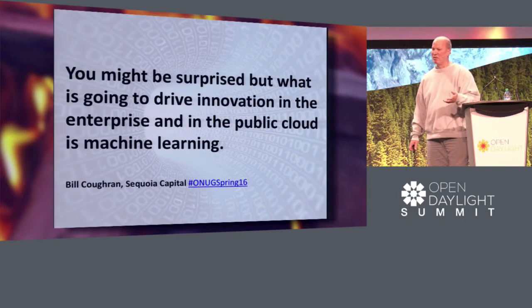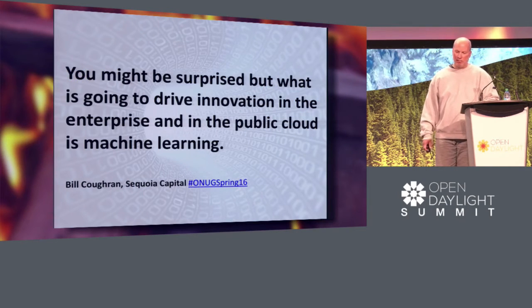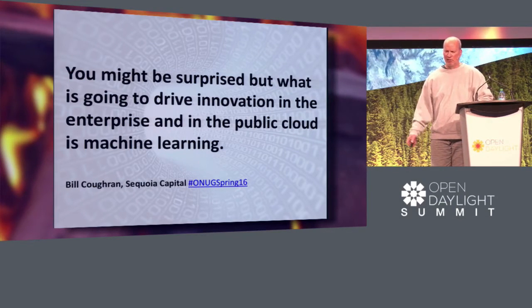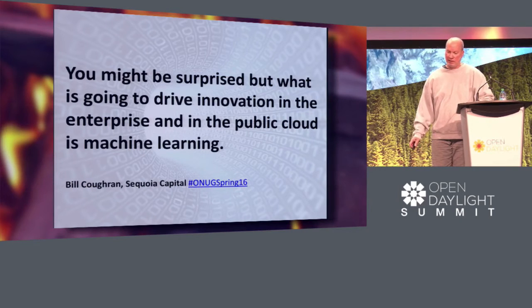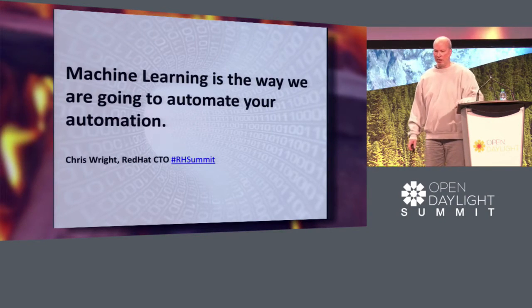Here are some things I just wanted to tell you up front. I heard this at the Spring ONUG, from a fellow from Sequoia Capital, not in a machine learning segment, he was just on a panel: it's going to drive public cloud and enterprise. I heard Chris Wright on an interview on theCUBE with Dave Ward, and he offered this one: automating your automation.